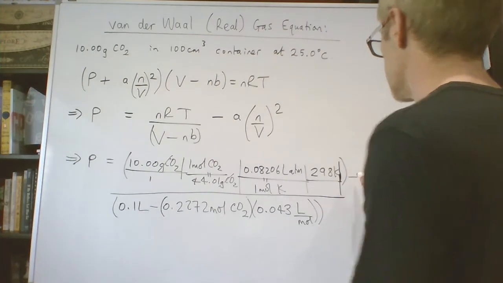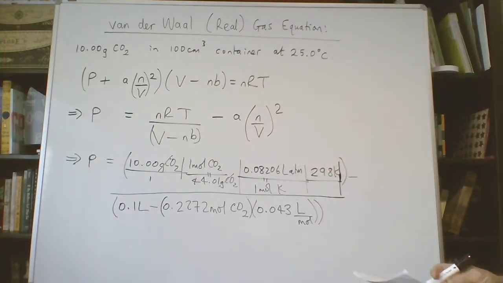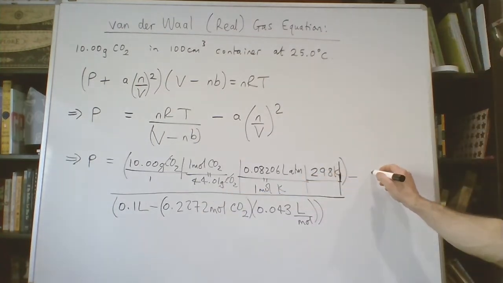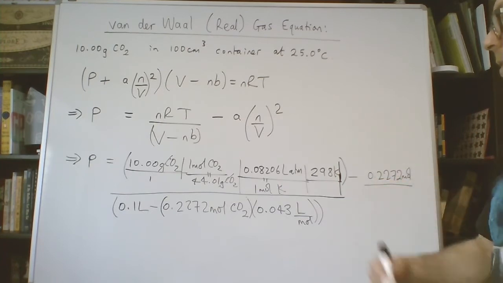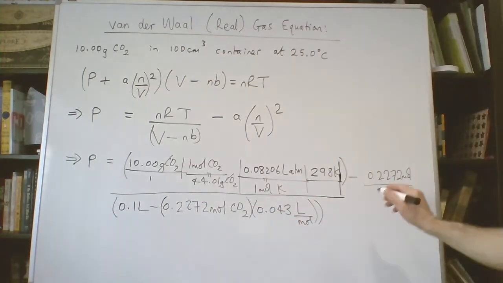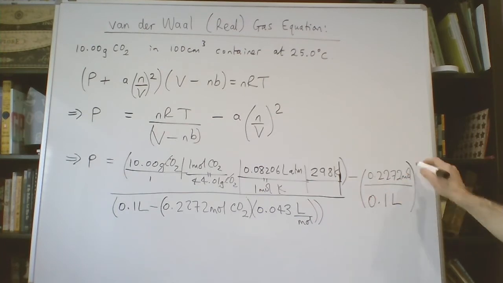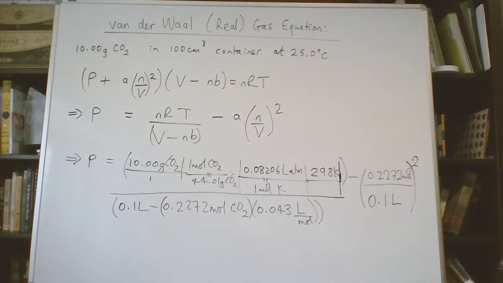So let's do minus, and then it's concentration squared. The moles we've said here was 0.2272. The volume we said here is 0.1 liter. The whole thing has to be squared because it's n over V squared. And then I multiply it by a.